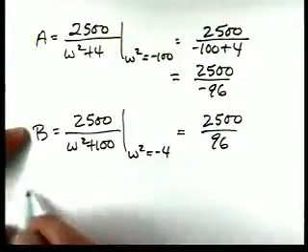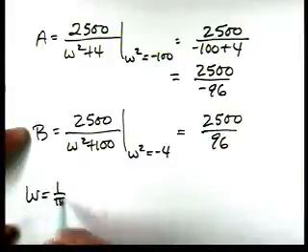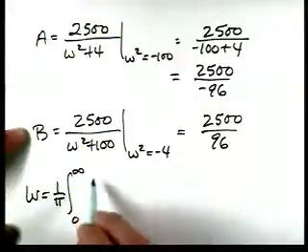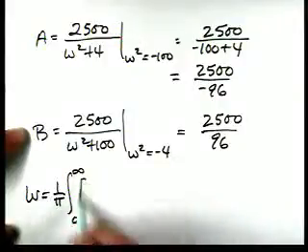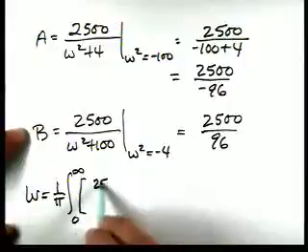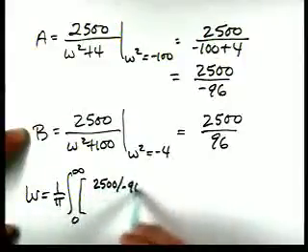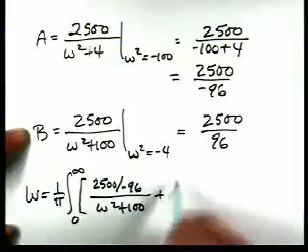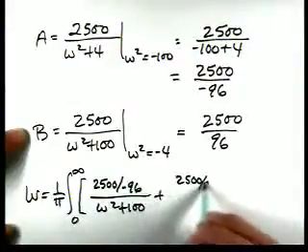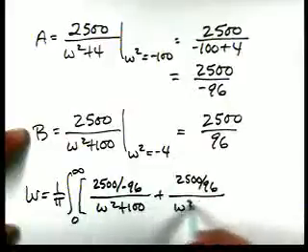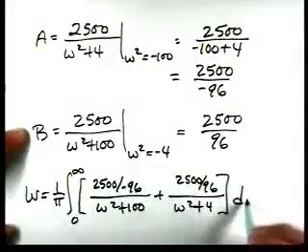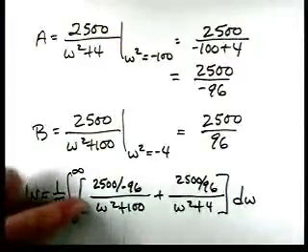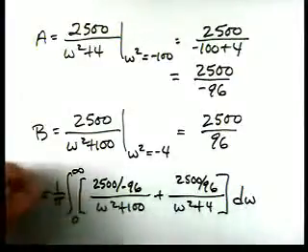And then W is 1 over pi integral from 0 to infinity of 2500 times minus 96 over omega squared plus 100 plus 2500 times 96 over omega squared plus 4. Now, these two terms, when we integrate them, are going to be arctangents, or inverse tangents.